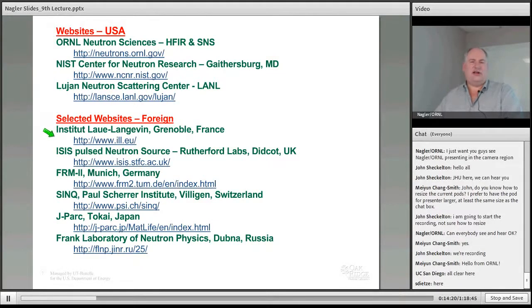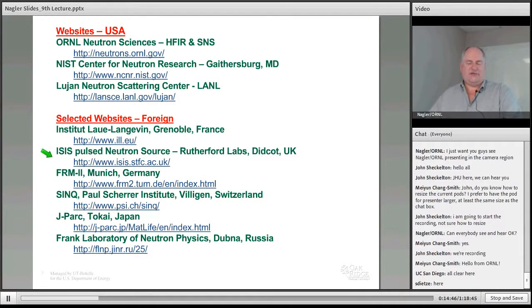The ILL, Institut Laue-Langevin in Grenoble, France, has probably one of the most comprehensive lists of instruments and information that you'll find anywhere for reactor-based sources. They used to publish something called a yellow book. Right now, I think pretty much all of the information that was in the yellow book is available on the web, and you can plunge in there to great detail.